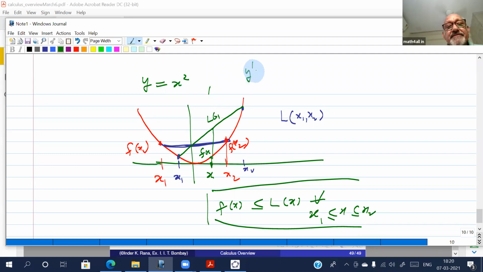What is the derivative? It's 2x. Can you say anything about the nature of 2x? It's monotonically increasing. The 2 doesn't change the thing at all.